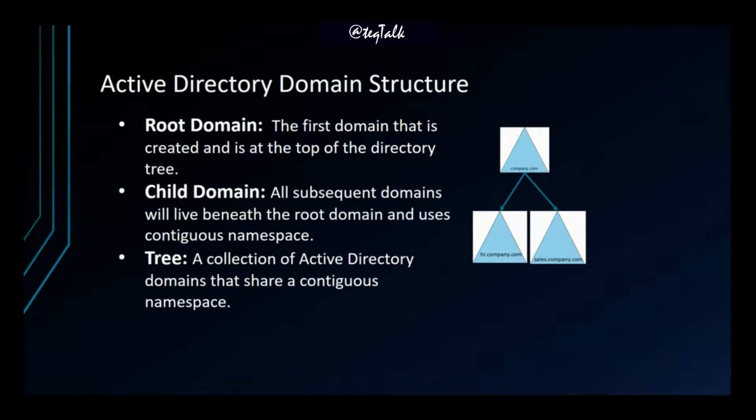That is allowed, but we cannot create india.com inside hr.company.com. We cannot create a root domain under this with india.com. So that is a tree. A tree is a collection of a parent domain and all the subsequent child domains that bear the same contiguous namespace.